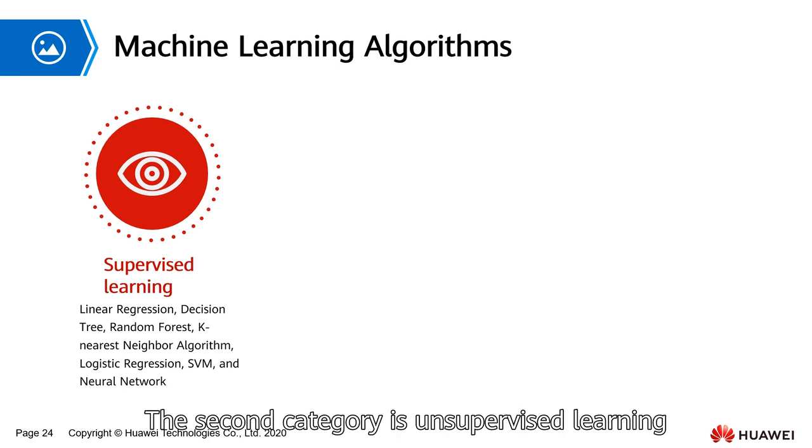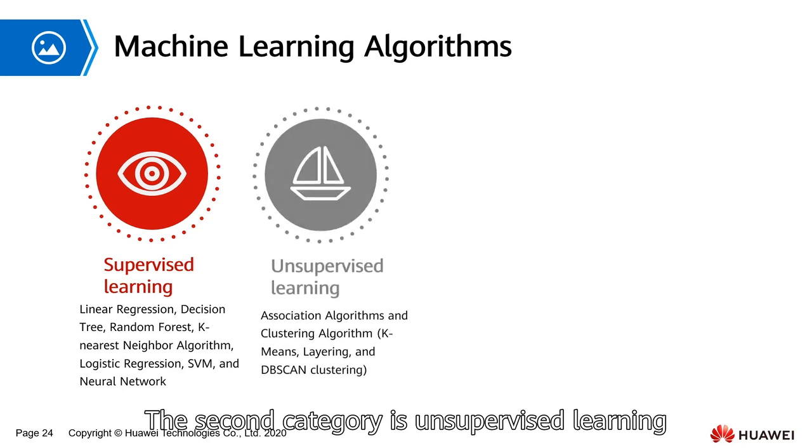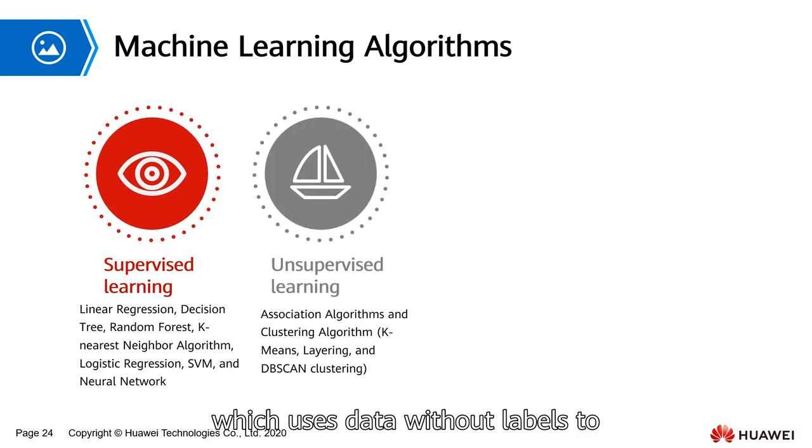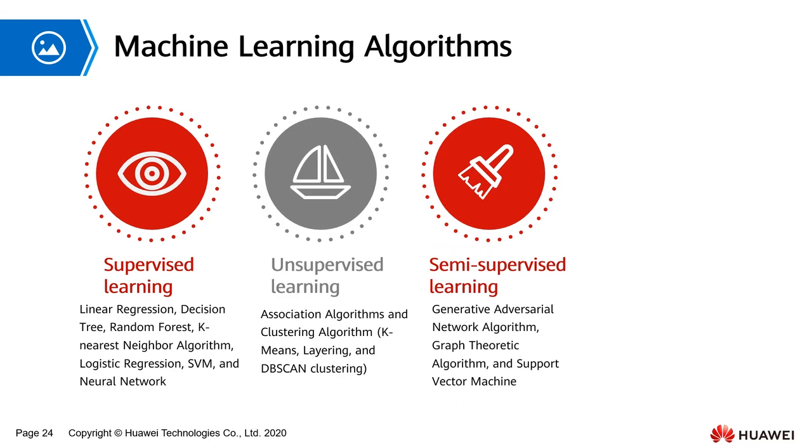The second category is unsupervised learning, which uses data without labels to find the association and trend inside the data. Major algorithms include various association and clustering algorithms. The third category is semi-supervised learning, which combines a small amount of labeled training data and a large amount of unlabeled data for learning.